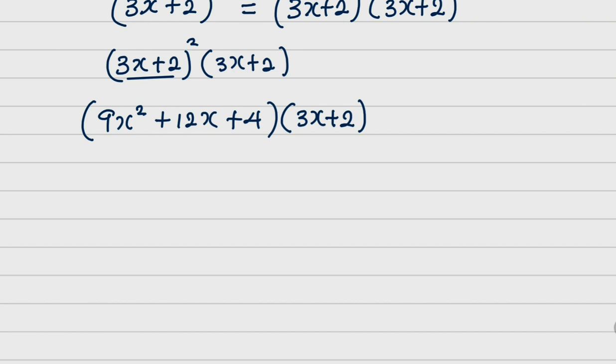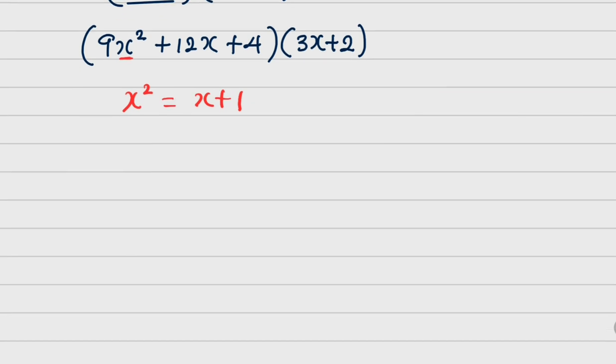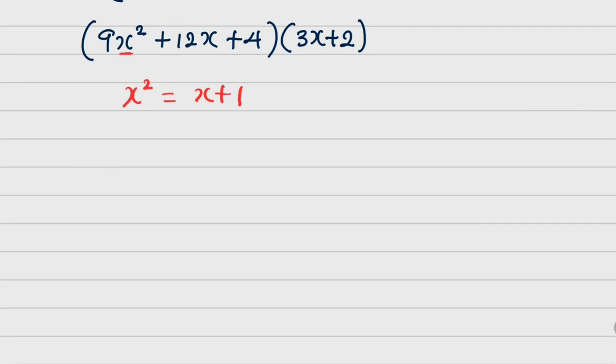Recall what we've been doing, just note that x squared is equal to x plus 1. You see, I have another x squared here that I can take out. So it now becomes 9 into x plus 1. Then remember, I have plus 12x, then plus 4.